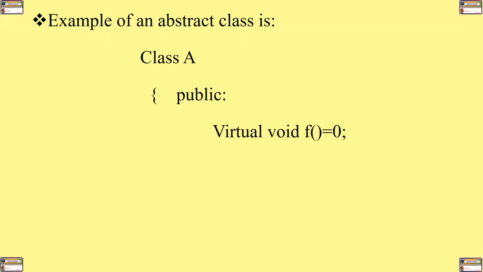So we can write it as virtual void f, and we initialize it to 0. So that is class A. And you can see we have used the keyword virtual.